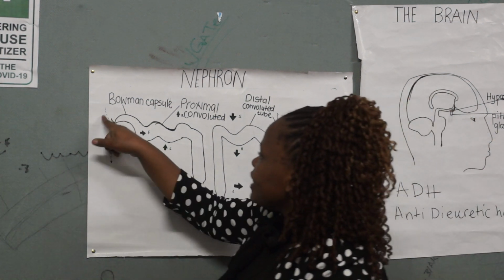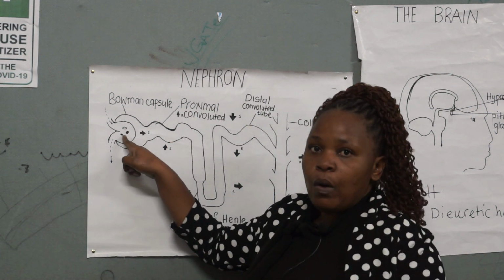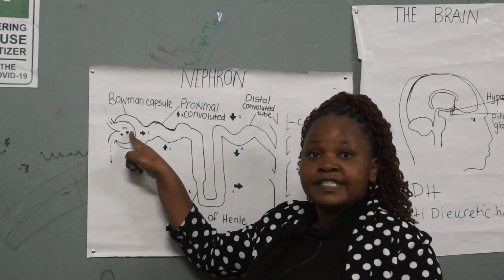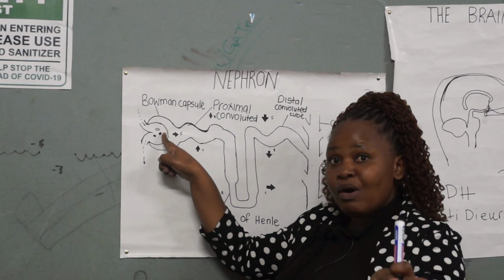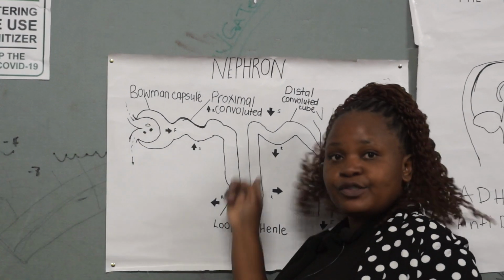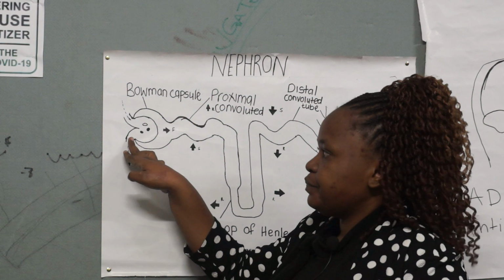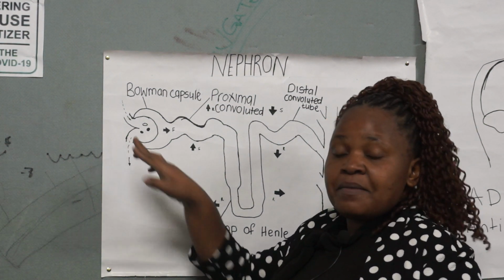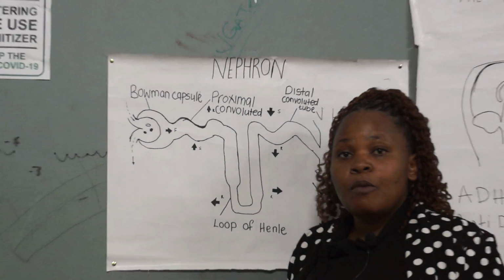When blood is going to pass through here, this membrane is partially permeable, or sometimes we can call it a selective membrane. That means it has some small pores which can allow small substances to pass through, right? Remember blood is a mixture of quite a number of components.